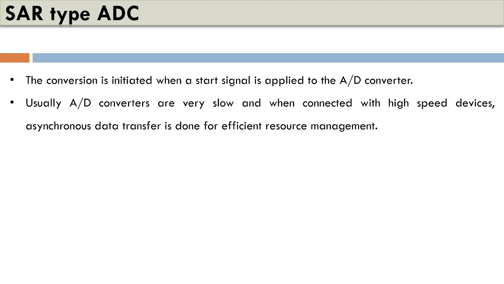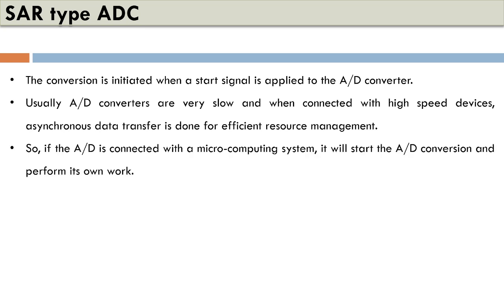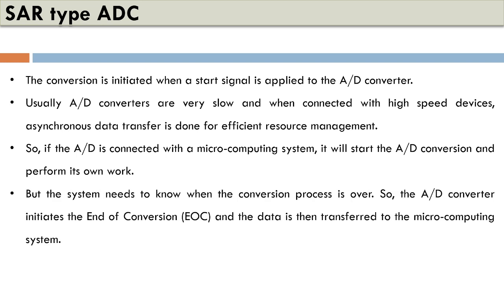Now, what is asynchronous data transfer related to A to D converter and microprocessing or microcomputing systems? When A to D converter is connected to a microcomputing system, the A to D conversion will start when it gets a start of conversion signal. Now, it starts to convert the signal, that is the unknown available analog input is getting converted into its equivalent digital output. So it will take a fair amount of time.